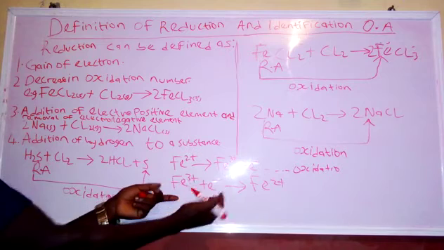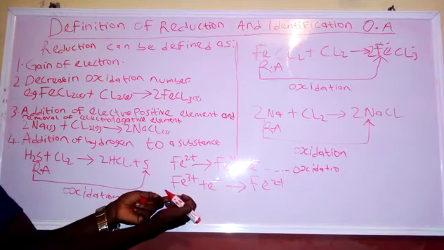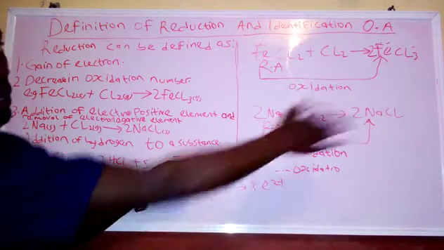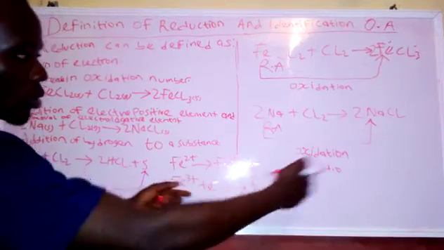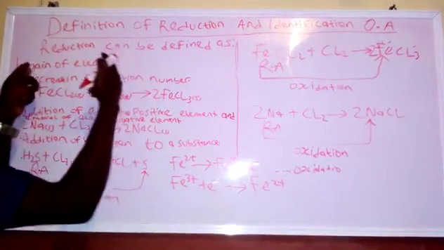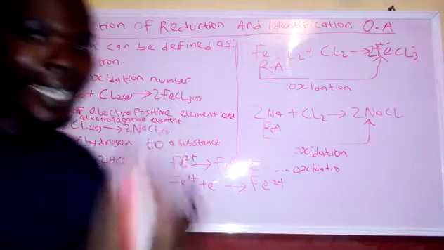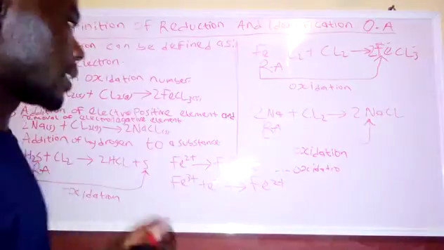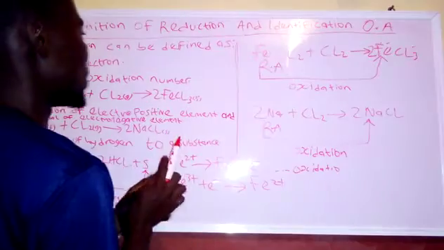And look at the equation here: the electron is on this side, so that's for a reduction reaction. But for an oxidation reaction, the electron is usually on the right-hand side. That's what you notice. So it gains that electron and becomes Fe2+ back. So reduction can be defined as the gain of electrons. Are you getting it? We won't waste time on that again.